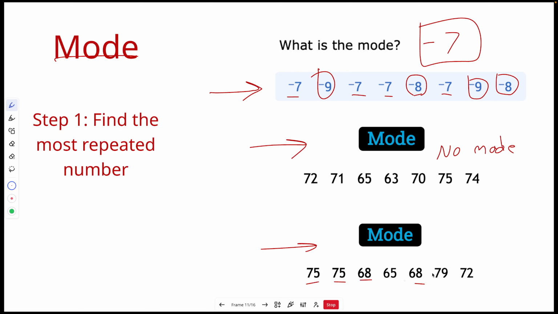And so this has 2 modes. The 2 modes are 68 and 75. So with mode, you can have one number, multiple numbers, or no numbers.